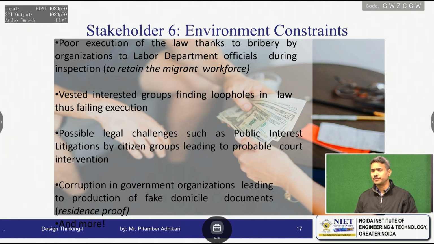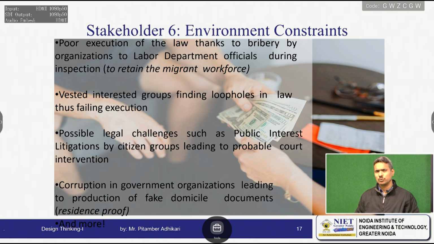There are different vested interest groups who can easily find loopholes in this particular law. Vested interest groups are like other ruling parties of that state. They can easily find loopholes for their benefit only, and they will try that this law should not pass.